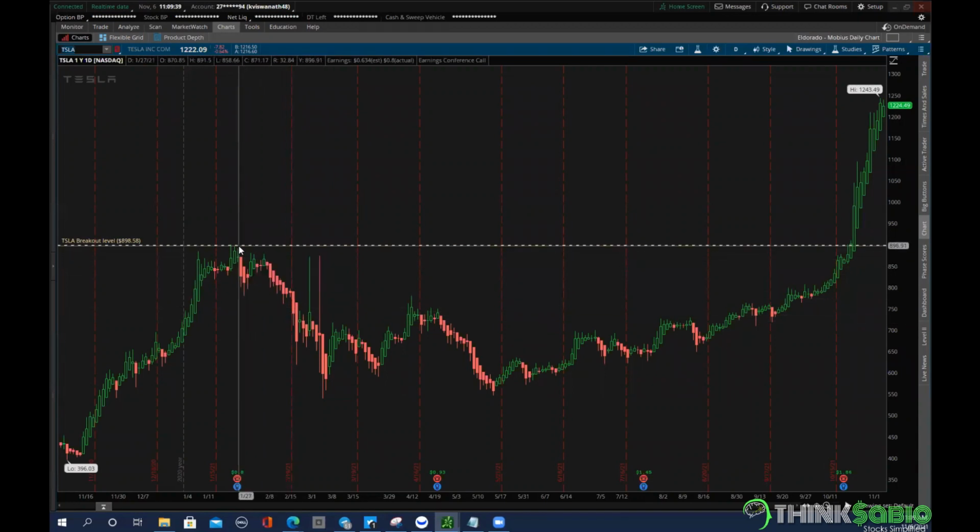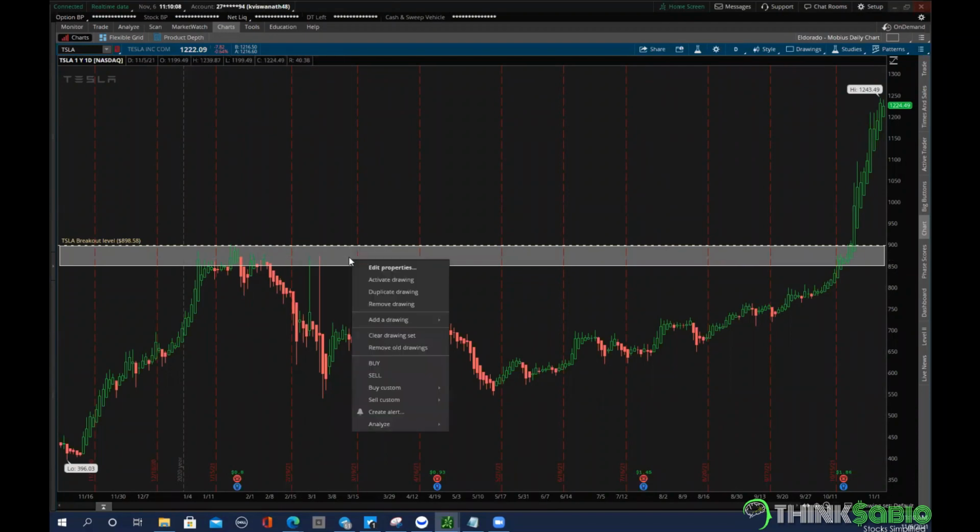What this line here is, this is called resistance, or you can say this is a supply zone, right? So what I do here is I go to drawing tools, right here, and then I select this rectangle here. And what I do is, not here, but I try to cover the wick, and I try to cover as many lines as I can.